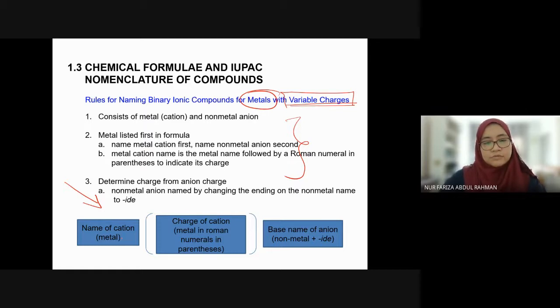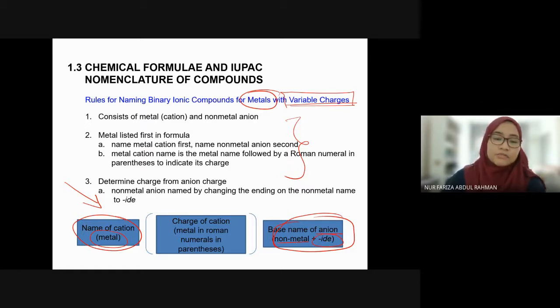As you can see, the method of naming this type of compound is almost the same as what we have learned just now. The first name should come from the cation, which in this case is the metal itself, and the anion is the same as earlier: the non-metal with the ending -ide.